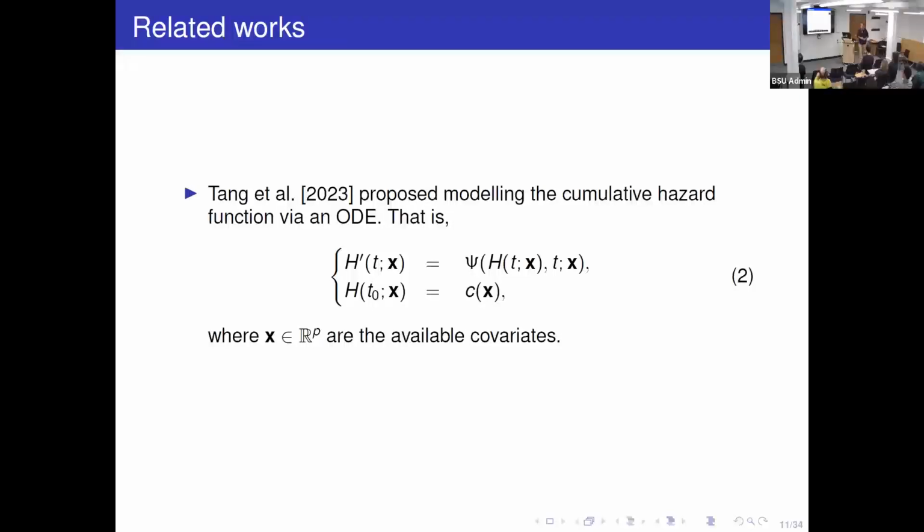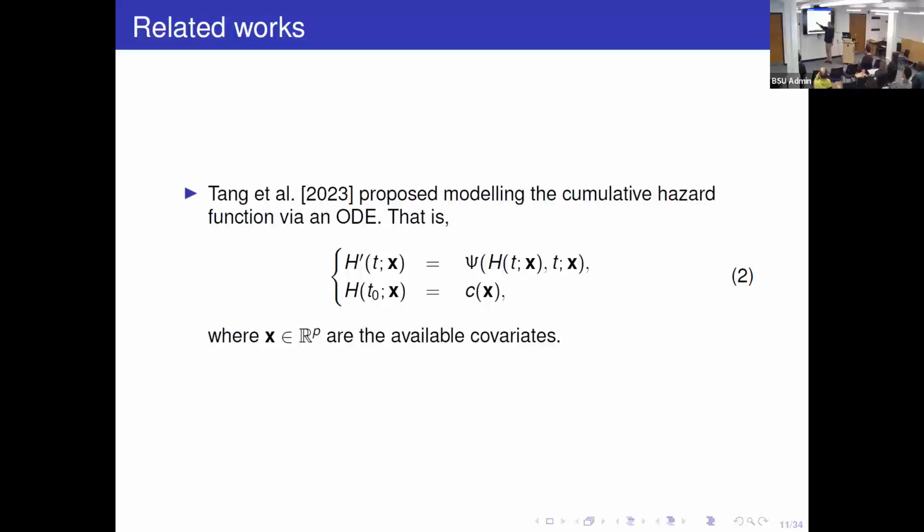So, a related work. We have a proper literature review in the manuscript, but I'm only going to discuss one, which is the most recent. In a paper in 2023, they proposed modeling the dynamics of the cumulative hazard function using this equation here.